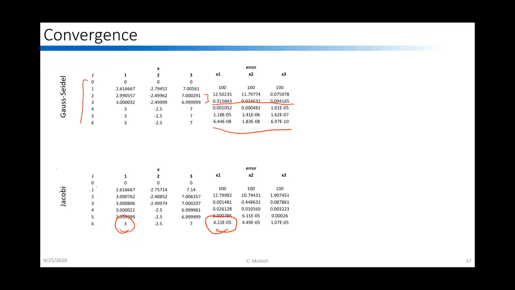So the Gauss-Seidel iteration converges much faster, which really shouldn't be a surprise, right? Because when we make our new x2 guess, we're using the updated x1, so we have a better guess for x1 to start with when we go on to x2. So while the Jacobi method is good to know, the Gauss-Seidel method is the much faster way.